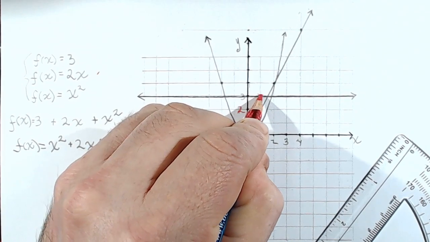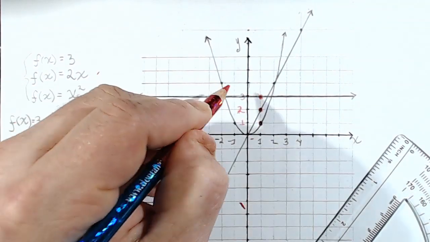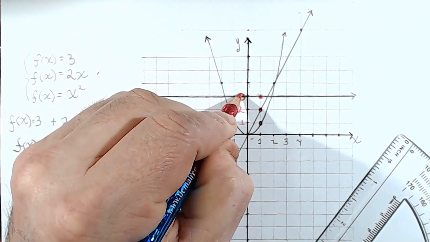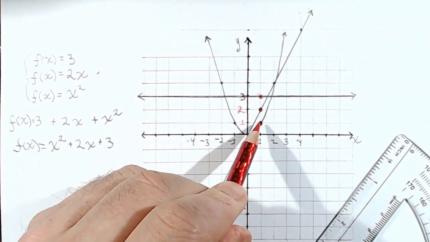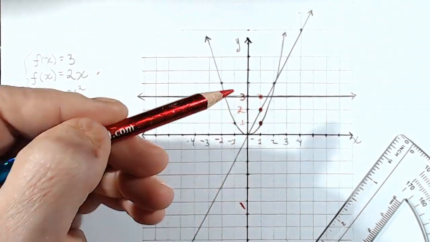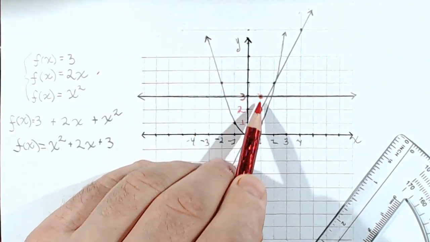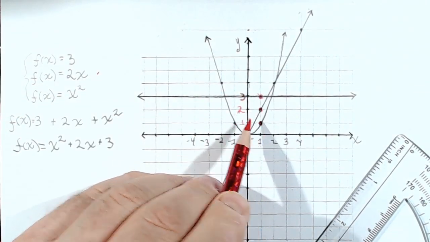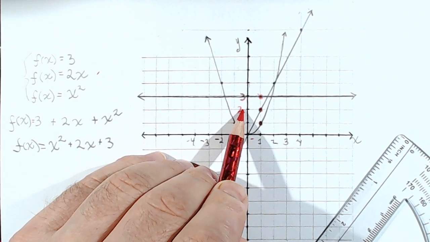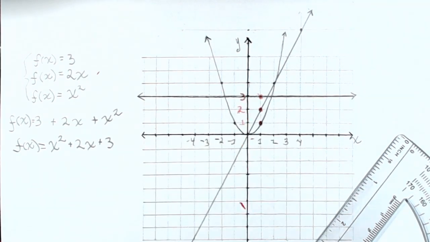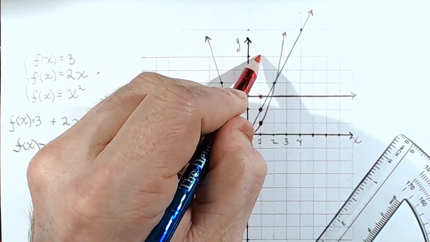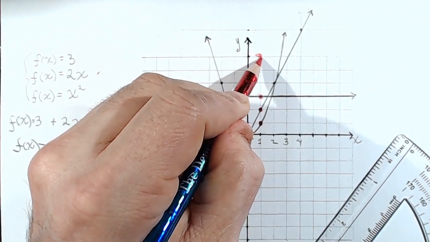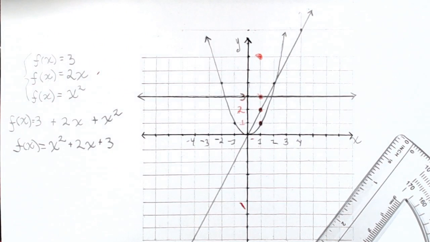And then here's a line right here with a y value of 3. So at f of 1, I will place my dot at the sum of these three y values. So 1 plus 2 is 3. 3 plus 3 is 6. 4, 5, 6.